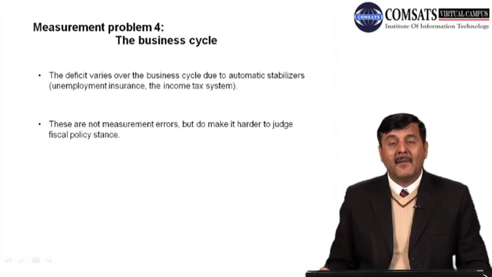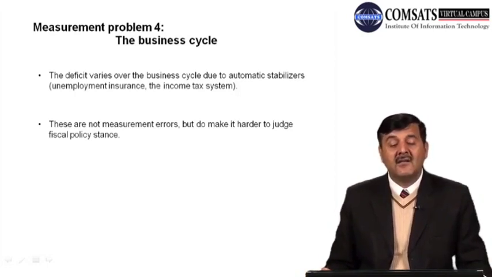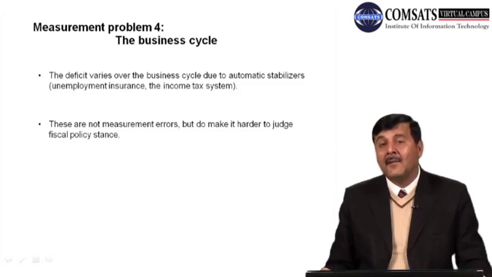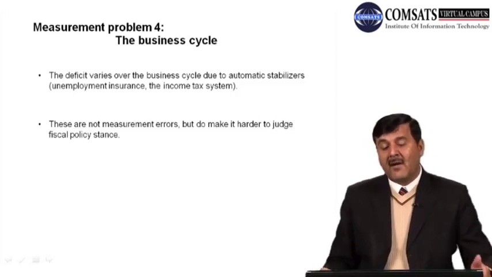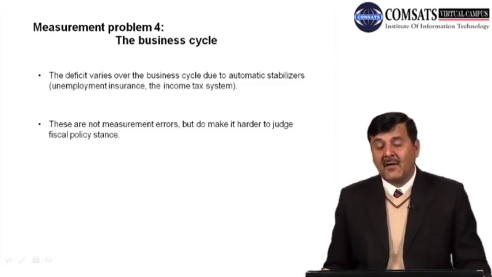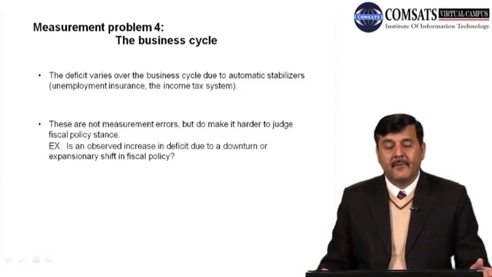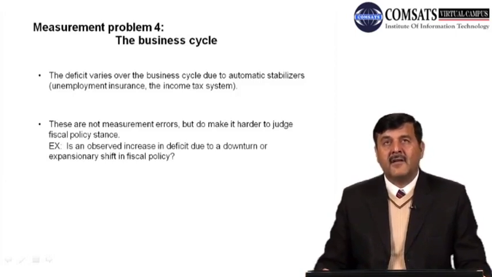These are not measurement errors, but do make it harder to judge fiscal policy stance. But these are not the actual measurement errors. आप इनको नहीं कह सकते, but you can't ignore them also, but it is difficult to judge the fiscal policy stance. For example, is an observed increase in deficit due to a downturn or an expansionary shift in fiscal policy?